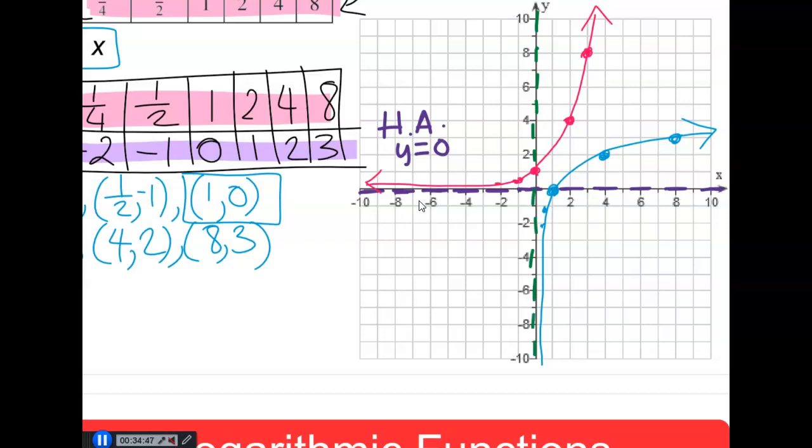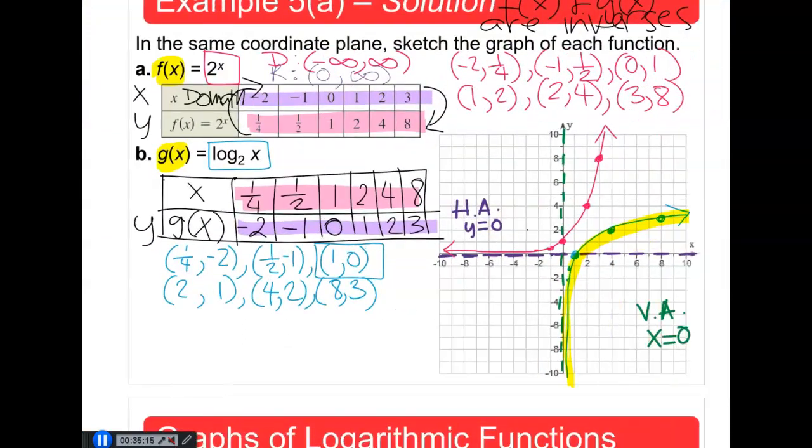So for the logarithmic function, and you could see here, it does not touch the y-axis. So we call that vertical asymptote because it's a vertical line. It will be the line x equals 0. I know it is the y-axis, but that is where all the x's happen to be 0 on the y-axis. So let's discuss domain and range for this one.